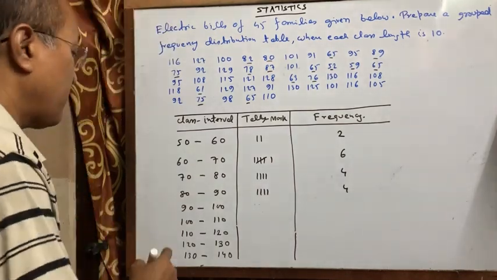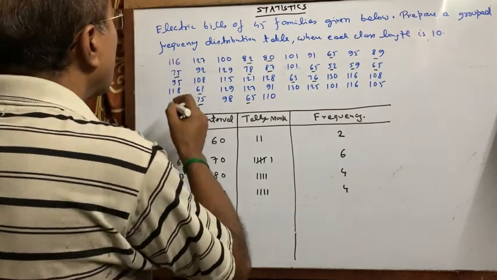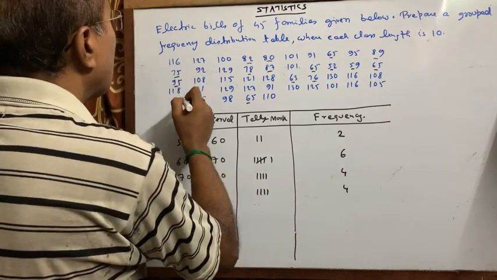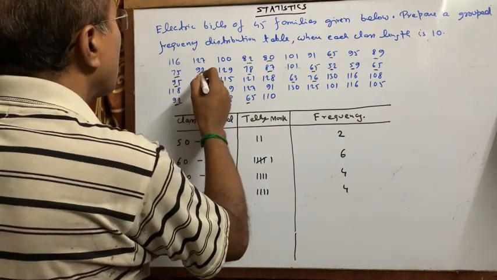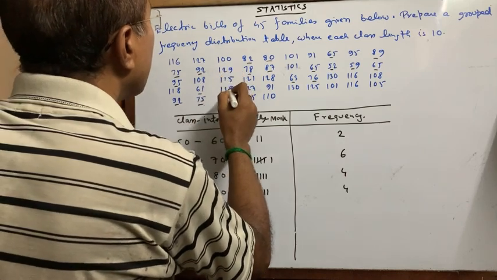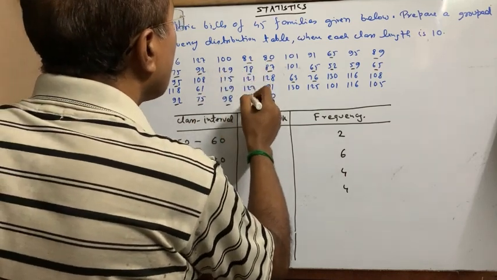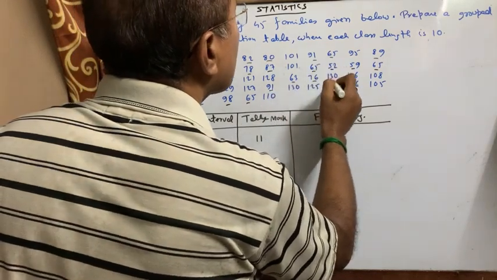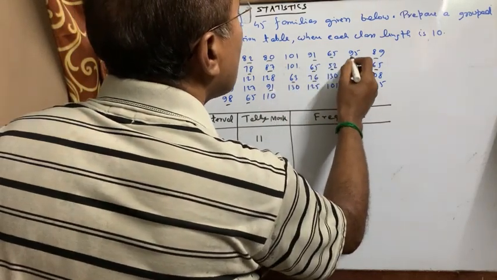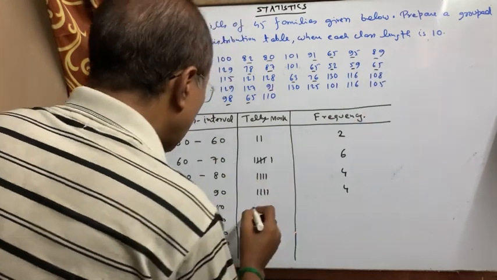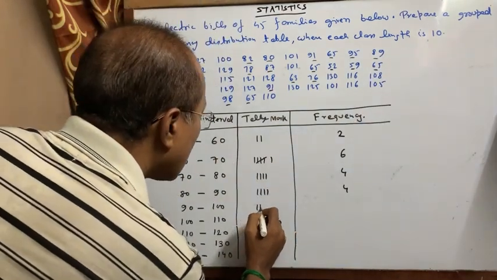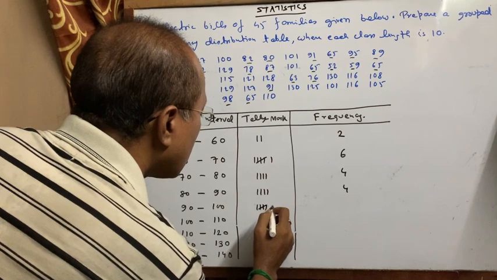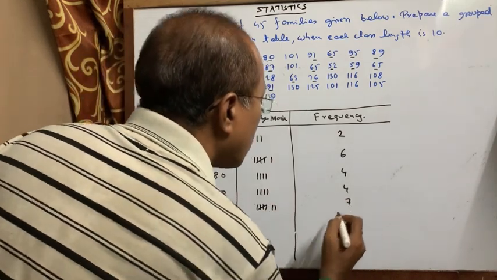From 90 to 100: 1, 2, 3, 4, 5, 6, 7. It is 7.